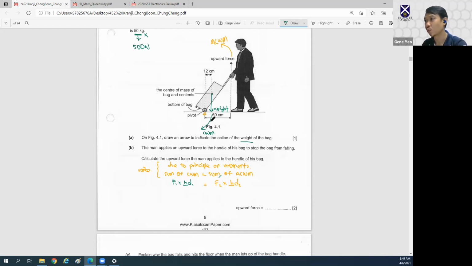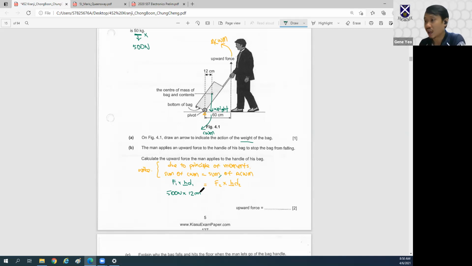So that is the weight. So that's 500 Newton. The distance is 12 cm, all right? It is the perpendicular distance from the pivot to the line of action over here. So I'm going to leave it as 12 cm.